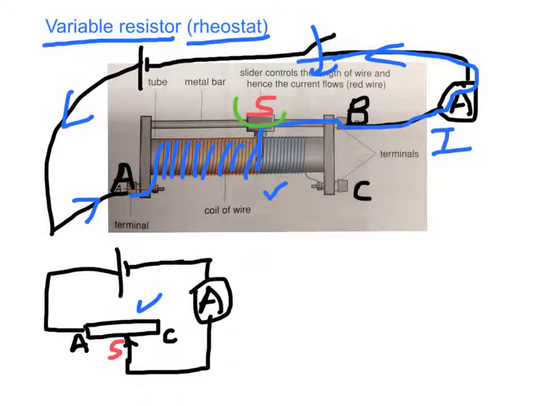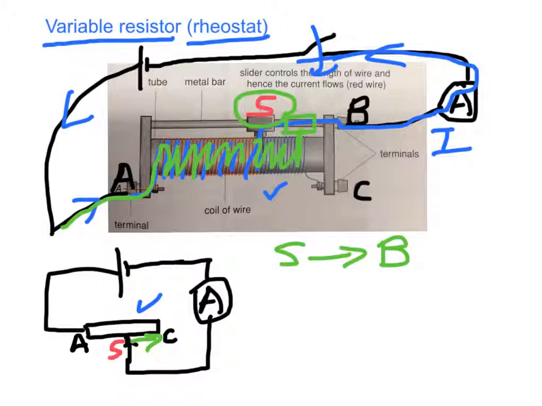If the sliding contact S is moved towards B or C, then the current will pass through a longer distance of resistance wire before it goes to the ammeter.